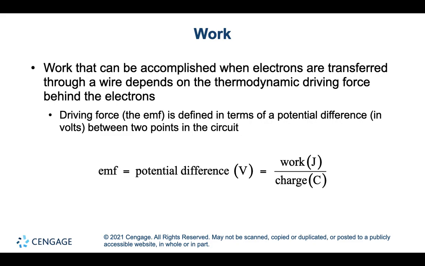The driving force, which you remember is called the electromotive force, or EMF, is given a unit of potential difference called volts. And the volt, as we've already said, is the work in joules divided by the charge in coulombs. So it's the amount of work done per charge of electrons or ions transferred between the two beakers.